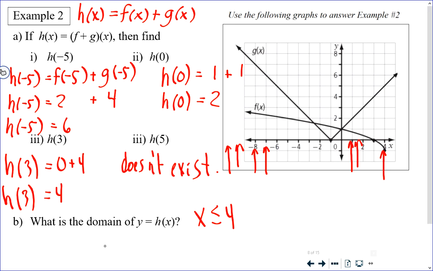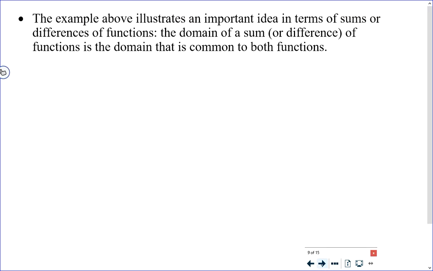And the purpose of part B here is to illustrate to you a very, very important idea. And it's the same with differences as it is with sums of functions. The domain of the sum or a difference of functions is the domain that they both have in common. If you have one function that's defined from negative infinity to infinity, but your other function is only defined from 0 to 5, then you cannot add or subtract those functions except for when x is from 0 to 5.